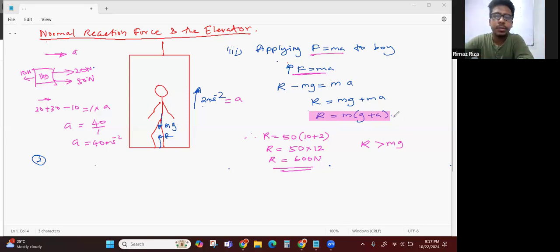For example, in an MCQ, they will ask what is the value of R. Then straight away you can write m, g is 10, and let's say it's accelerating with 5 meters per second squared. Then you can take 10 plus 5, 15, into the mass. Like that, you can calculate R, right? So you can remember this formula whenever the lift is moving vertically upward. Okay.